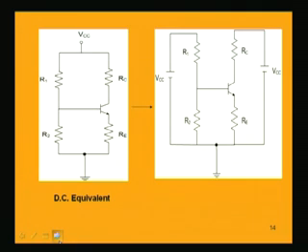Just for easy analysis, I have separated out the resistances R1 and R2 with VCC, and the other is RC and RE, which also shares this VCC. This scheme is nothing but the same scheme, I am just drawing it to understand the circuit easily. This is the bias base point, the collector point is here, the emitter is here.